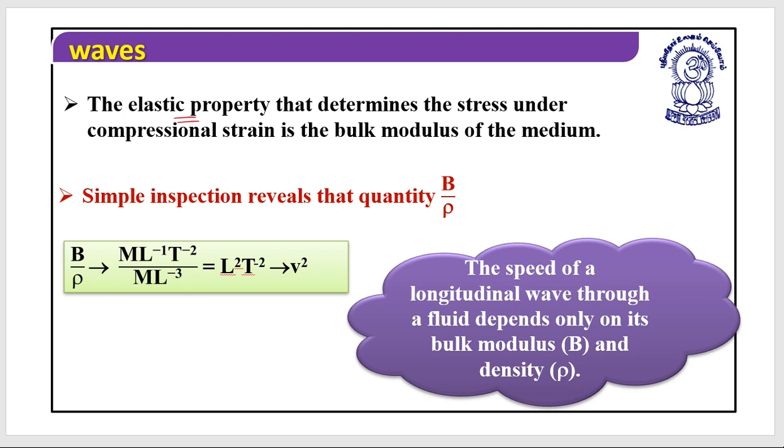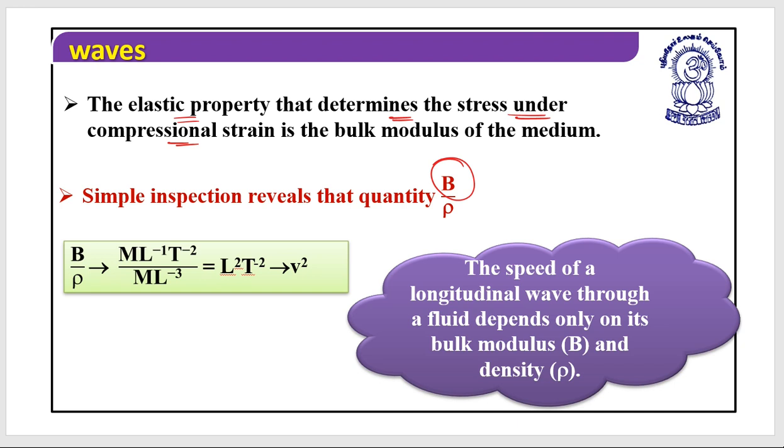When it travels through compressions and rarefactions, the elastic property that determines the stress under the compressional strain is the bulk modulus of the medium. So basically it's stress by density. The stress can be replaced by the bulk modulus B, and density remains as it is.